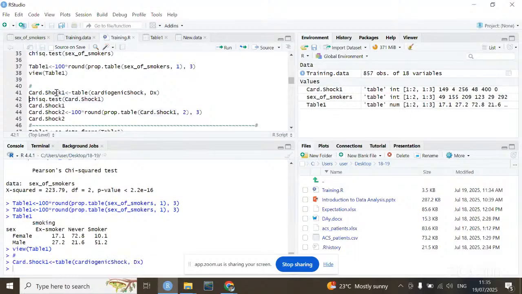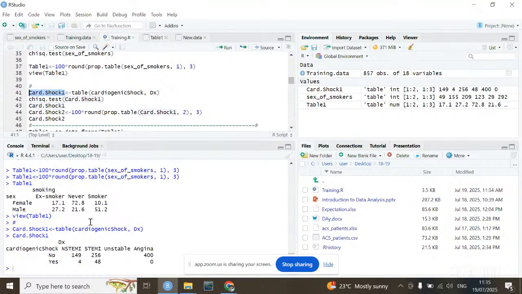When we run this, it will create the contingency table. If we run this one alone, the one we have assigned the name, it will bring for us those with cardiogenic shock and those without. Then you see the other diagnoses: those with non-STEMI, those with STEMI, then unstable angina.